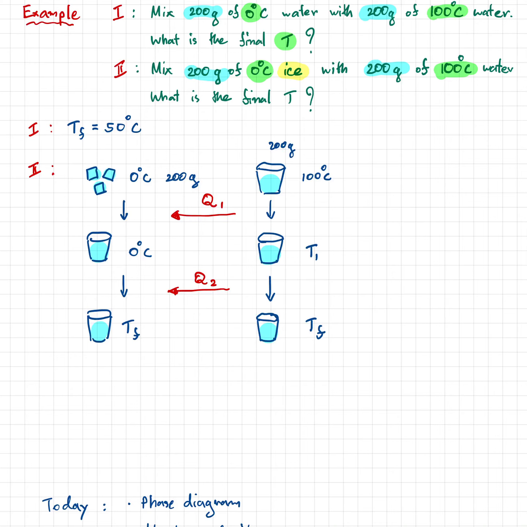So the first part is to calculate the heat required to melt ice. So Q1, which is for melting ice, that's simply equal to one simple formula that we had earlier. So Q1 equals M times L, right?